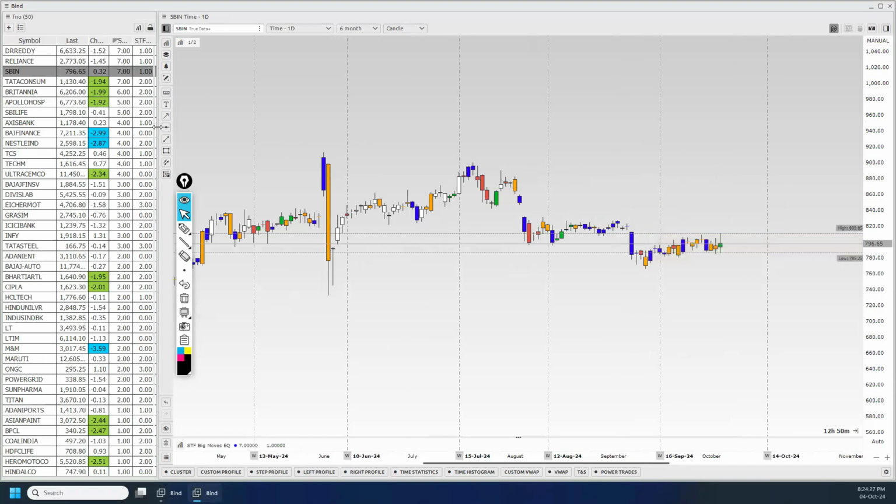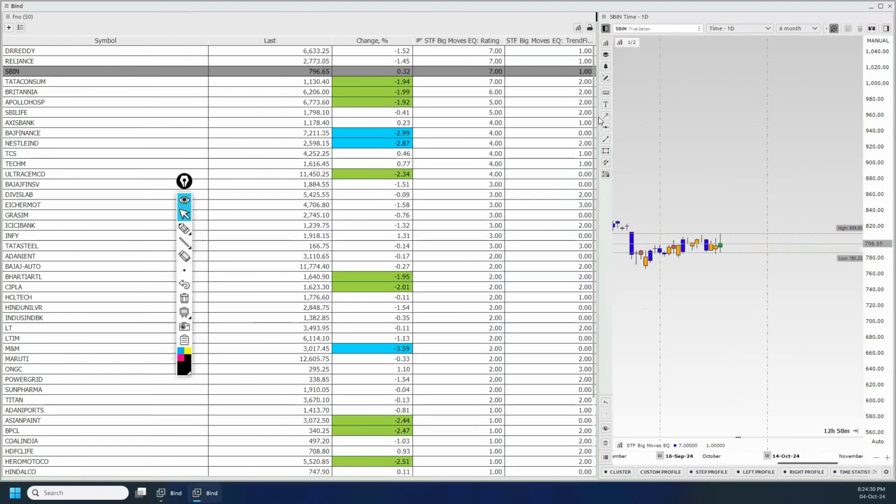Now, if you see the second one, which is a trend finder. What is this trend finder? You're seeing some values over there. Let me show you. You are seeing 1, you are seeing 2, somewhere 3, or you are seeing 0 as well.